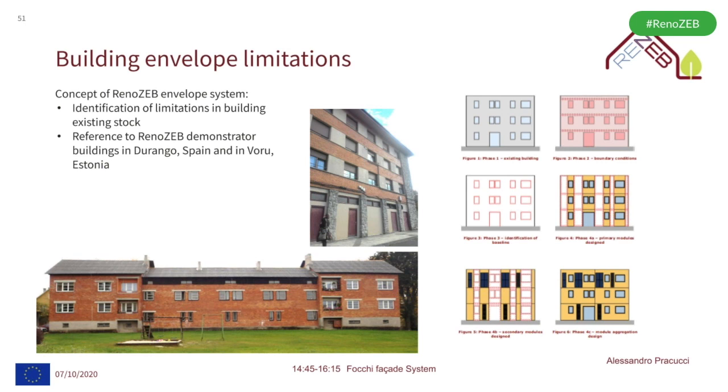So on the graphics on your right, you can see the elements that need to be considered for the realization of this RenoZEB facade. First of all, the limitation of structural component as slabs, as well as windows openings, which represent a limitation.